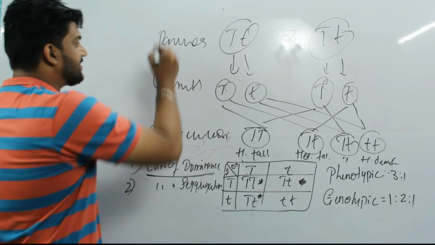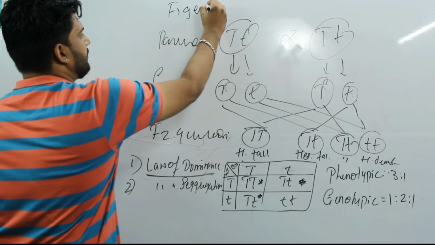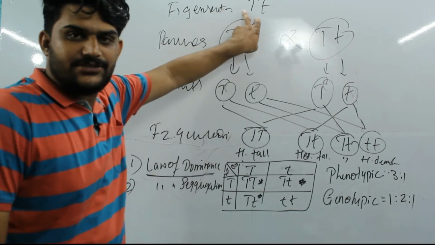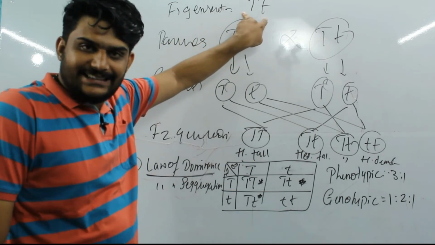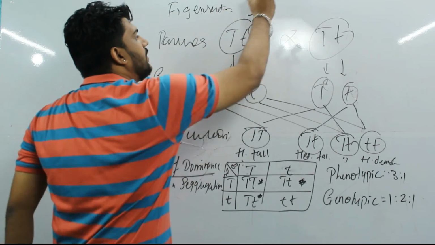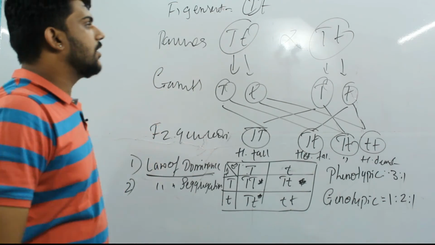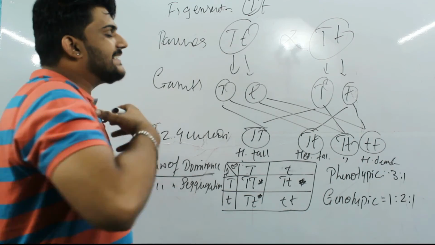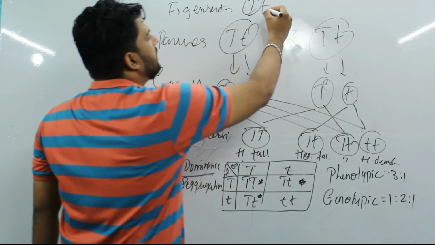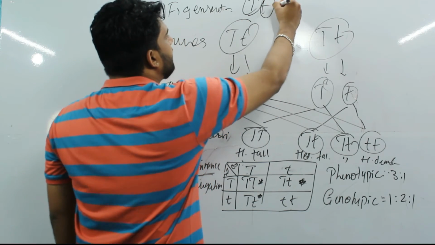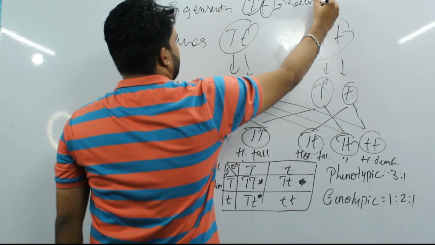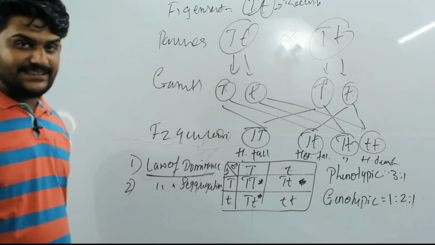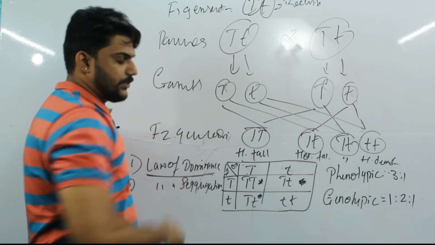F1 has two alleles giving two different characters in a single individual, but tallness became dominant and was expressed. So small t became the recessive partner here, and it cannot express its character while they are present together.